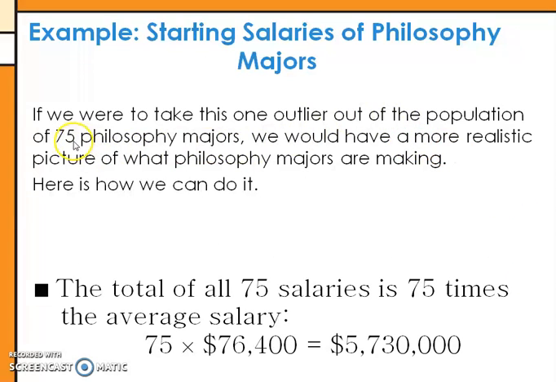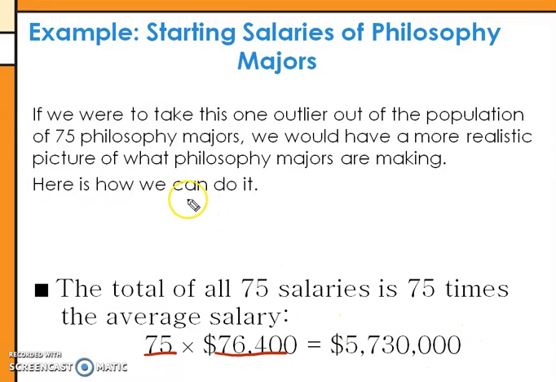So apparently this was 75 philosophy majors. So thinking of kind of a frequency table sort of idea, I don't have to know what each of those other 74 people make. I can still figure out that if the average was 76,400 for 75 people, it'd be the same as if everybody made the exact same amount. And so I can do 75 times 76,400 to figure out what the total was before they took the average.